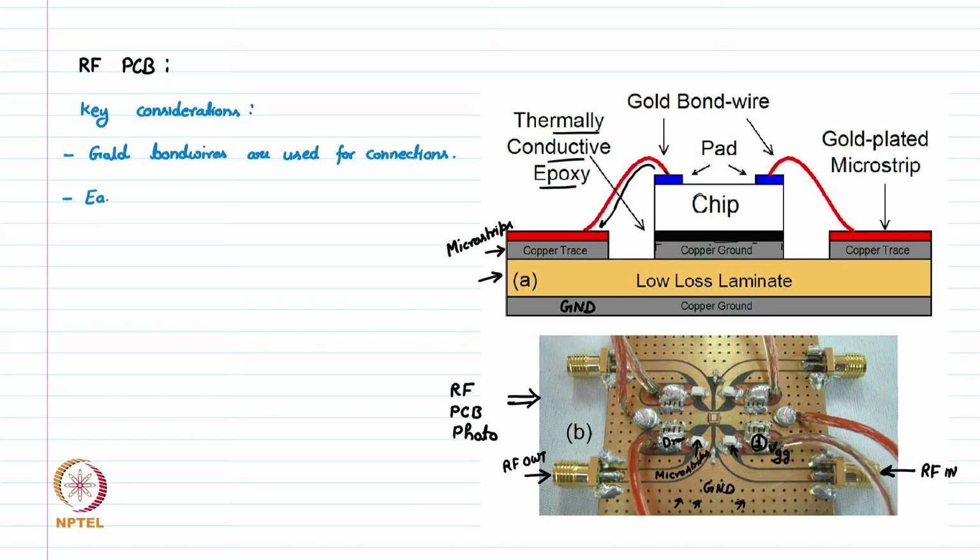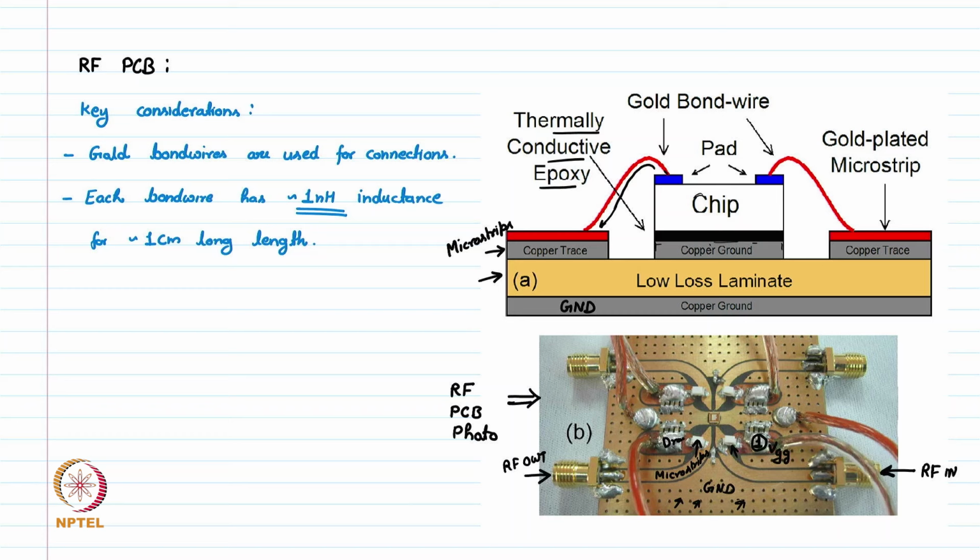Each bond wire has around 1 nanohenry inductance for typically 1 centimeter length, and this inductance is actually parasitic, which should not be there, but we use this wire.